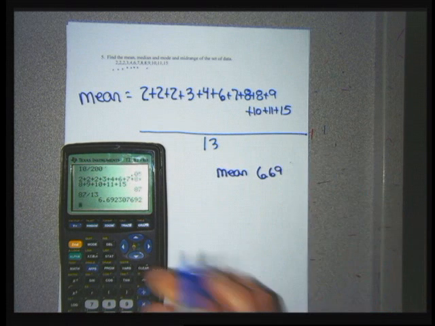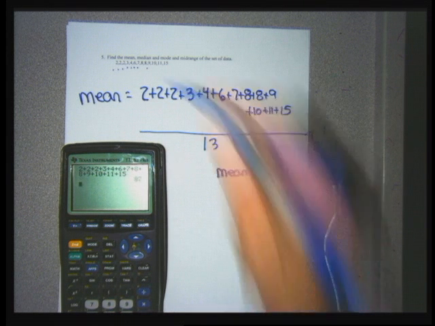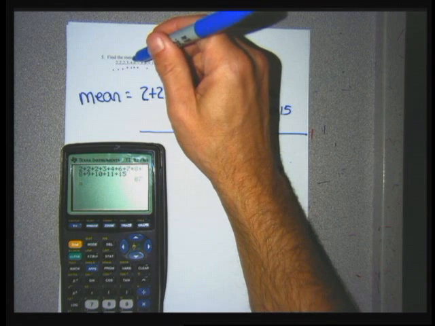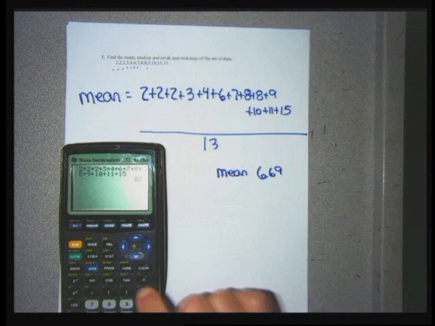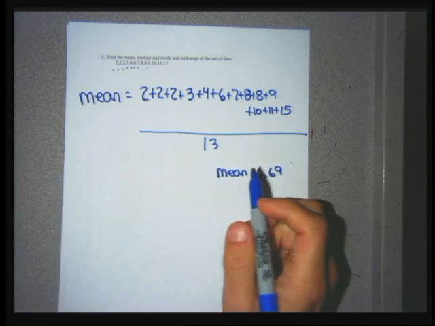I'm going to double check myself because there's a reasonable chance I could have messed up. So I think 6.69 is the right answer for the mean.